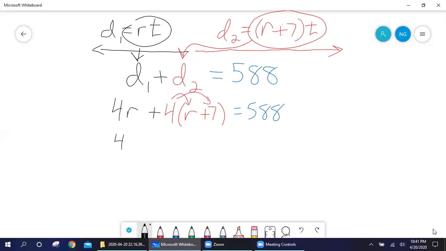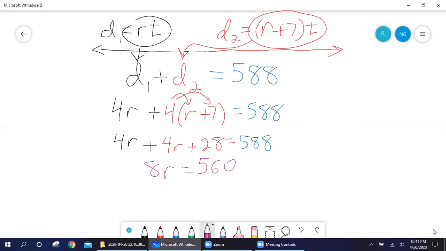This is going to give me 4R plus 4R plus 28 equals 588. So if I combine like terms, subtract over the 28, divide by 8, and I get a rate of 70 for R.